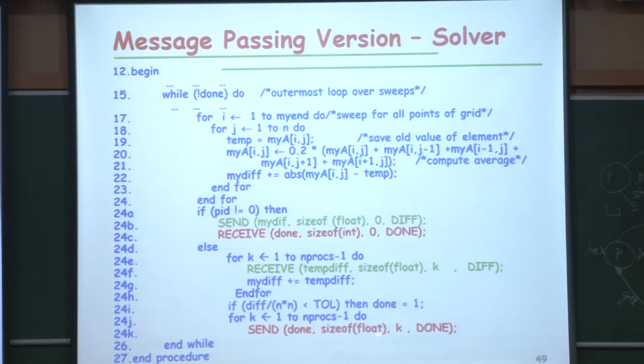So, this is how the communication happens. Everybody computes the local diff and sends it to process 0. Process 0 receives all of these local diffs, adds them up to its global diff, computes the done condition and sends the done condition.